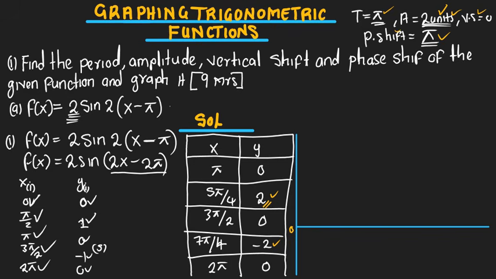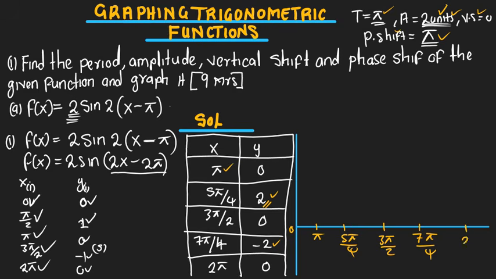So, for x values, what am I going to use? I've got a 0. Then I started with pi. Next, I have 5 pi over 4. Next, I have 3 pi over 2. Next, I have 7 pi over 4.